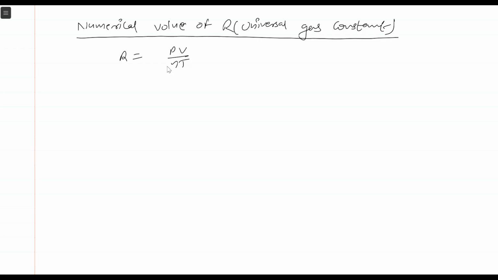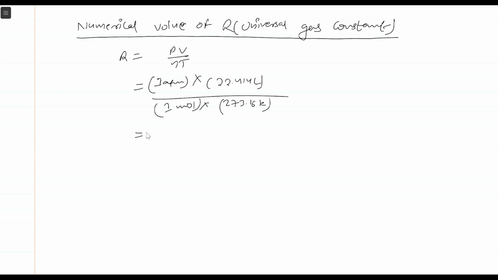PV is equal to nRT is the ideal gas equation. Now let's put the values at STP. So what do we get? At STP, the pressure value is 1 atm into volume value is 22.414 liter by n means 1 mole into T means 273.16 Kelvin.